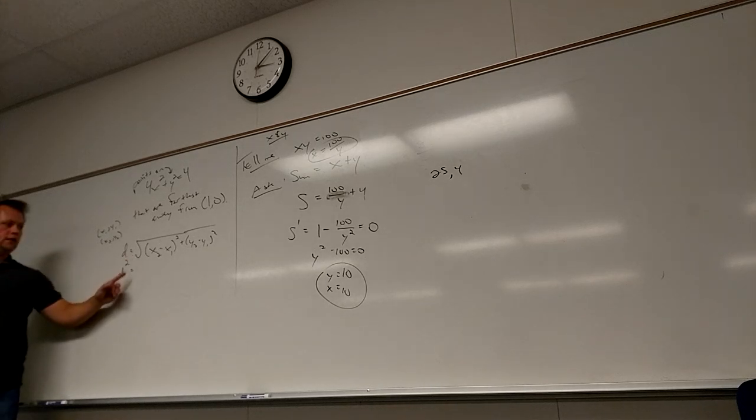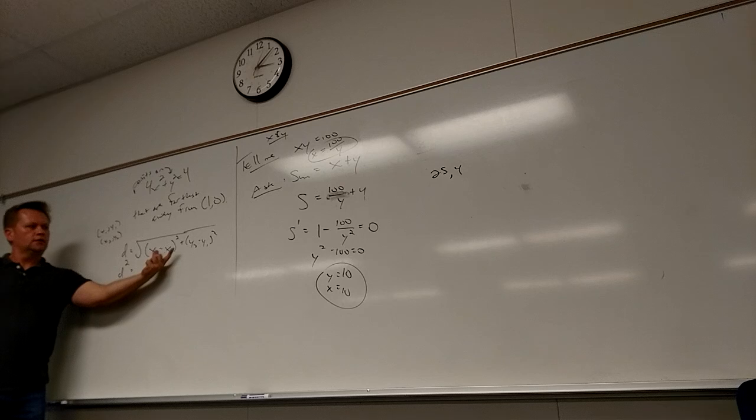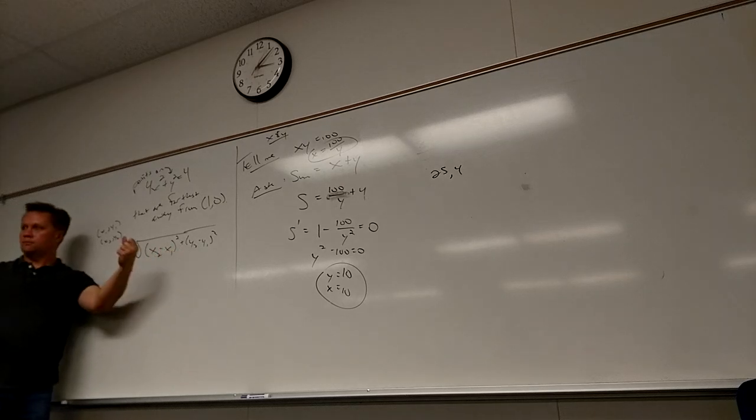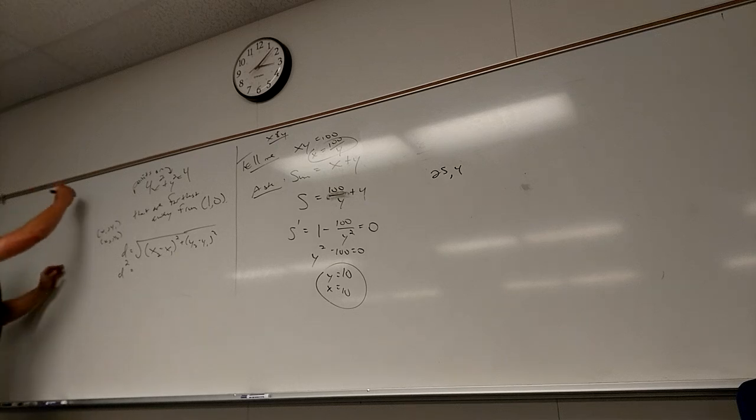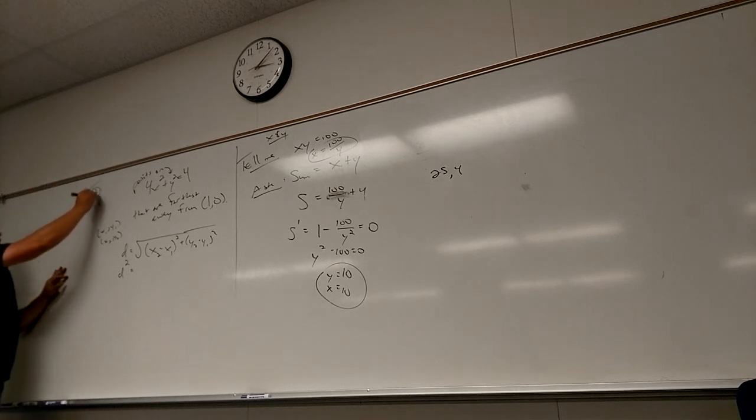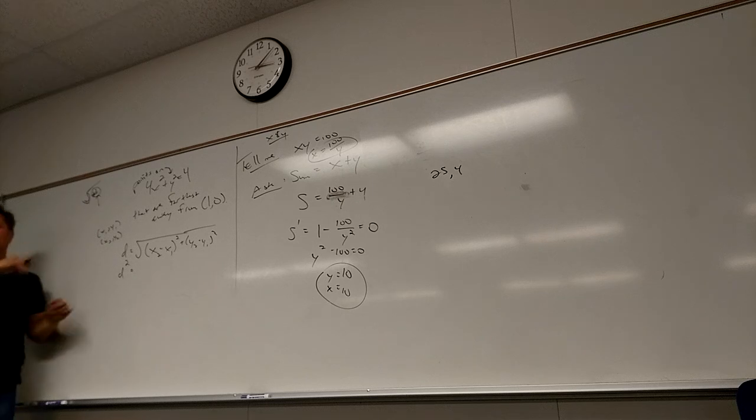I'm allowed to minimize, or maximize in this case, the inside, because wouldn't that maximize the square root of that? If I want to maximize the square root of a number, and I make this number as big as it can be, doesn't that make the square root of that the biggest it can be?